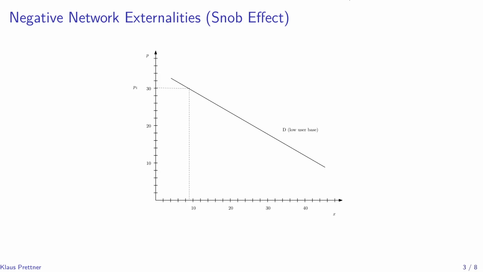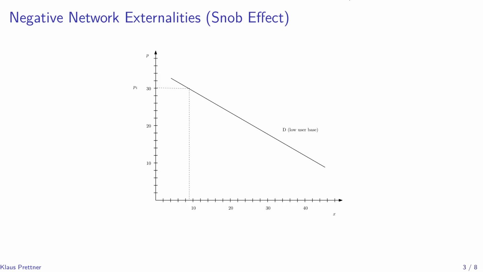How can we look at this from a graphical perspective? Let's start again with a situation of a low user base, so when not many people use the service or the good. In this case, demand would be comparatively high relative to the situations that I will cover later on.